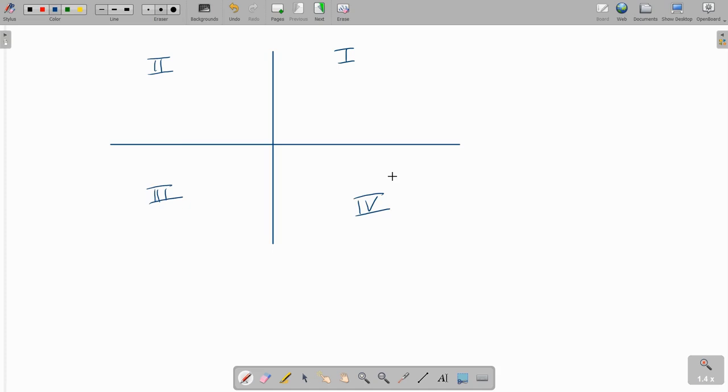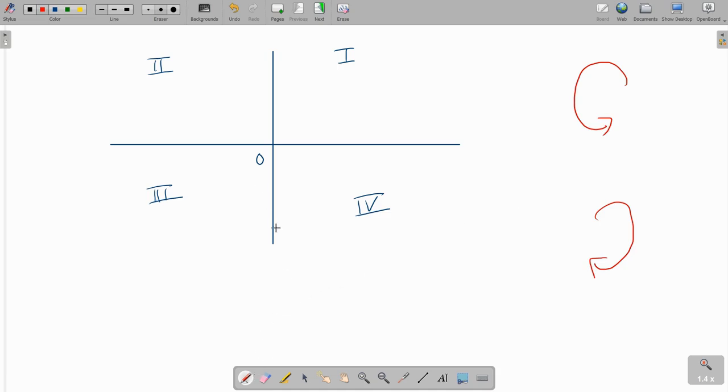Now, when we talk about angle, angle is always measured in anti-clockwise direction. I hope everyone knows what is anti-clockwise direction. It's a direction that we go in this manner, and clockwise is like how the clock works.